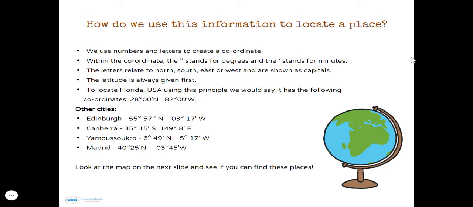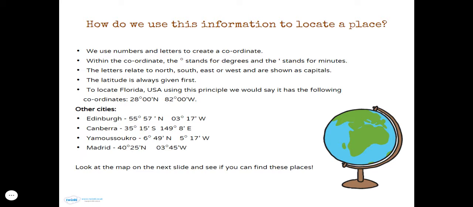The letters that you can see relate to north, south, east, or west, and they are shown as capital letters. The latitude is always given first. For example, to locate Florida in USA, we would say it has the following coordinates. So you have 28 degrees 0 minutes north, 82 degrees 00 minutes west.